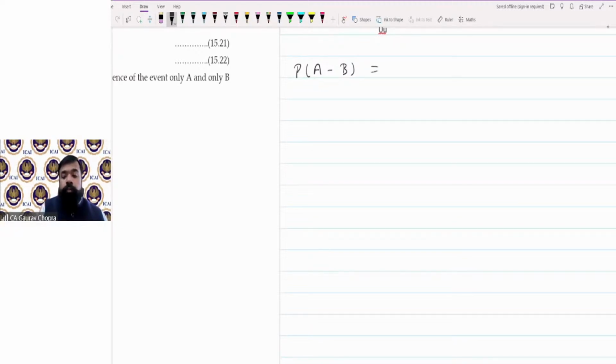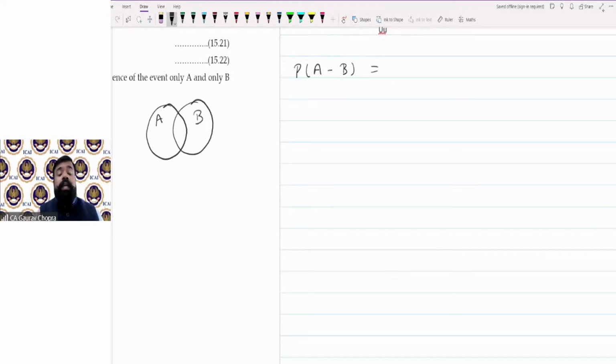One formula is probability of A minus B. So how to make this formula? If this is A, second one is B. And what we require?